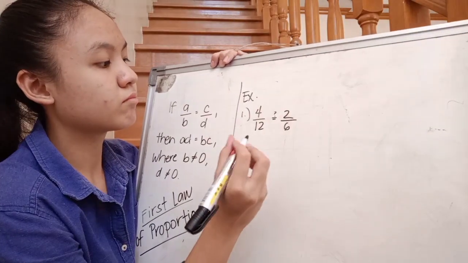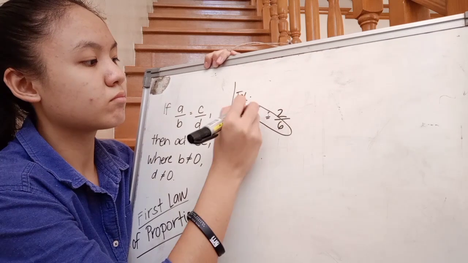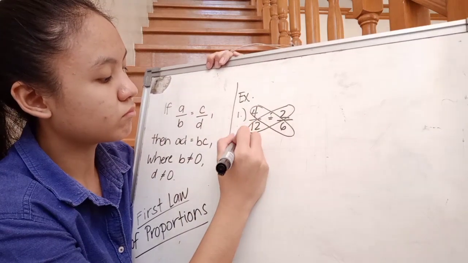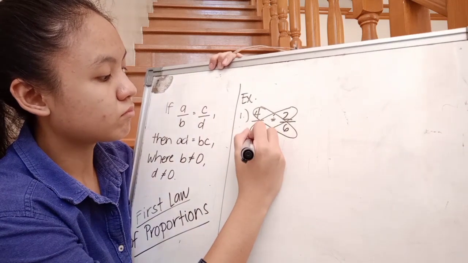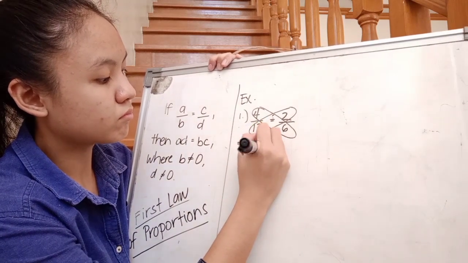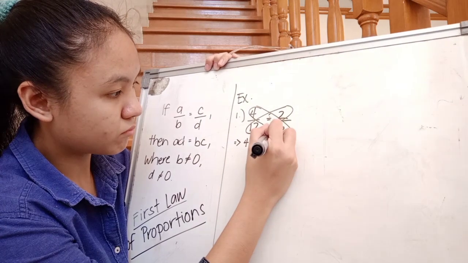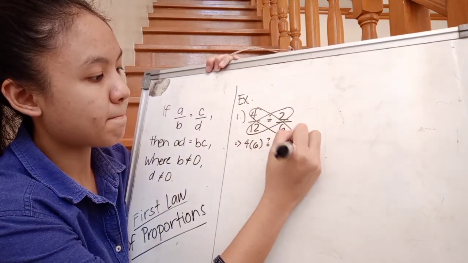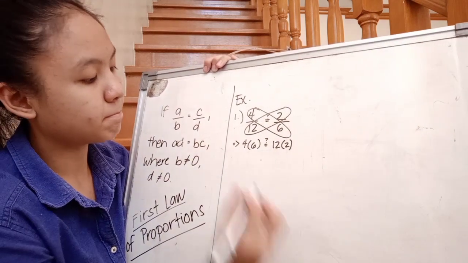For example, our first example is 4/12 equal to 2/6. We will be using cross multiplication in finding out if two or more fractions and ratios are proportional to each other. So 4 multiplied by 6 is equal to 12 multiplied by 2.